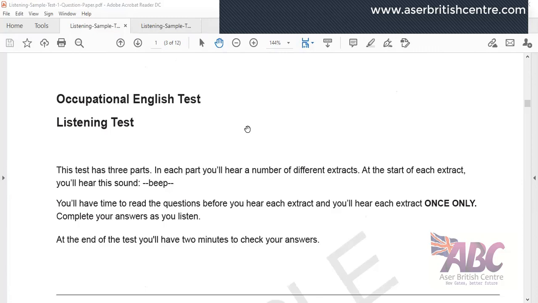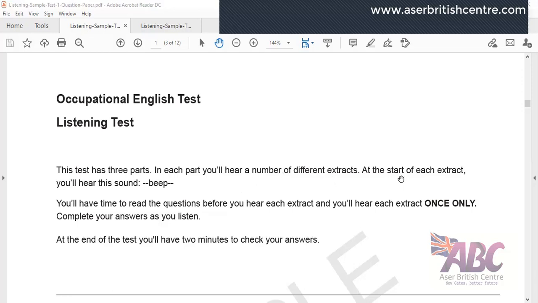In the Occupational English Test listening test, we have three parts, as you know: part A, B, and C. Of course, difficulty increases from part A to part B, and part C will be the most difficult one. In each part, you will hear a number of different extracts.